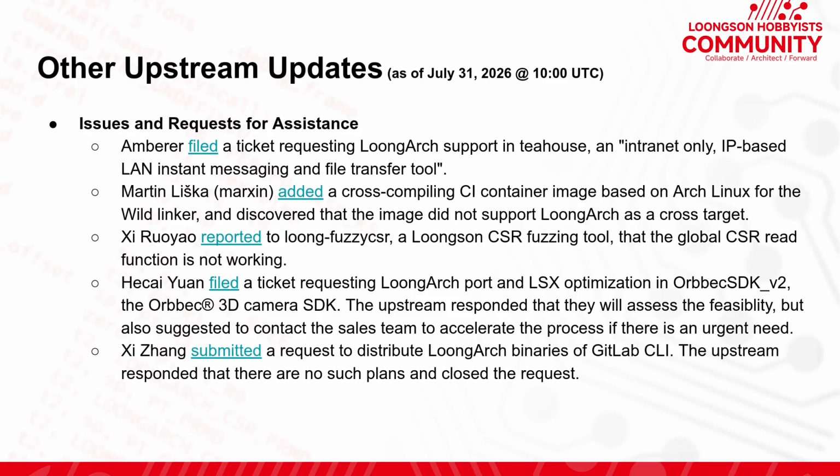Zhang Xi submitted a request to distribute LoongArch binaries for GitHub CLI. The upstream responded that there is no such plan and closed the ticket, but I submitted a pull request 3 days ago that added support for LoongArch, RISC-V, and PowerPC, and mentioned that there are a lot of people asking for it. Would you consider it a community-supported architecture?